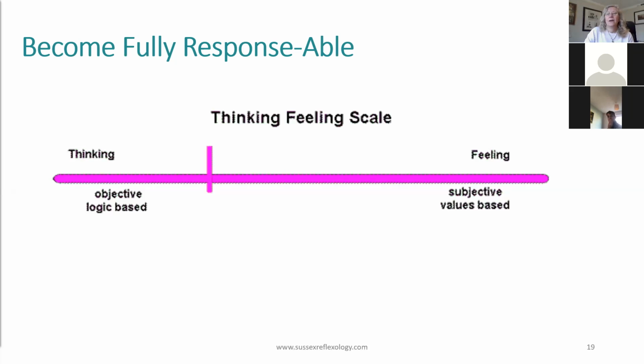So someone on the thinking end of the scale is going to use logic and rational criteria to make a decision. Somebody on the feeling end will use personal values and considerations. And it's being on the extreme ends that tends to lead to challenges.